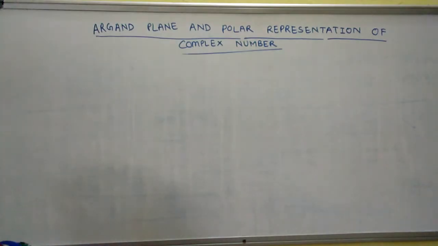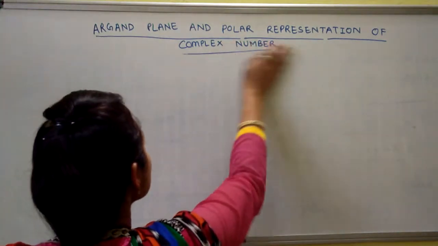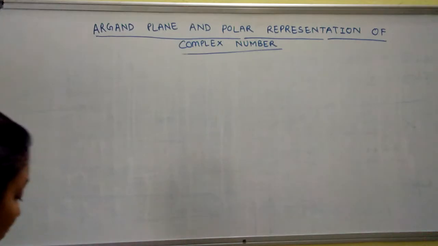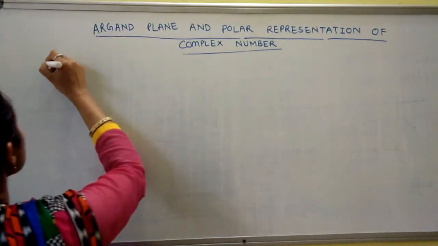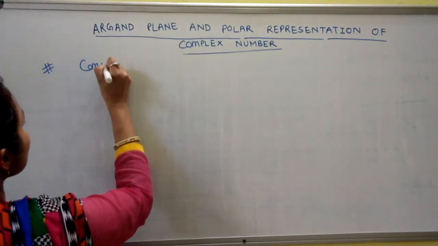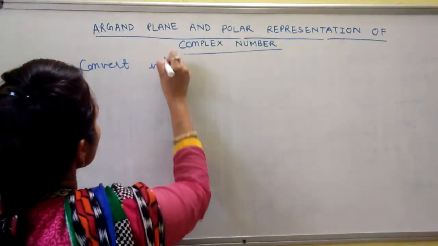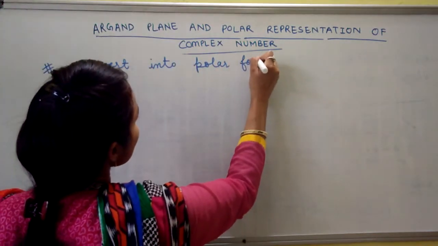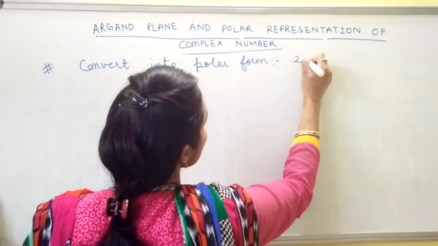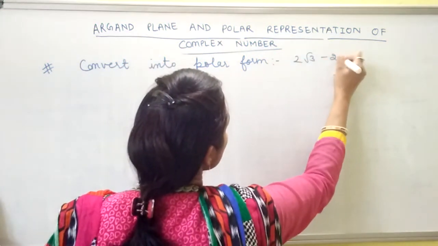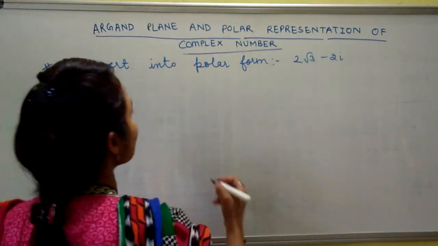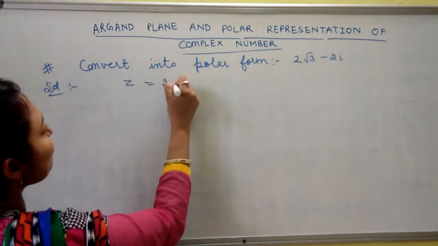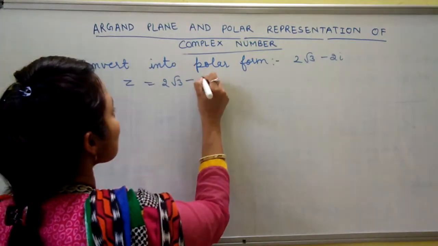The question is: convert into polar form 2 root 3 minus 2 iota. So how can we solve it? Solution: z is equal to 2 root 3 minus 2 iota.